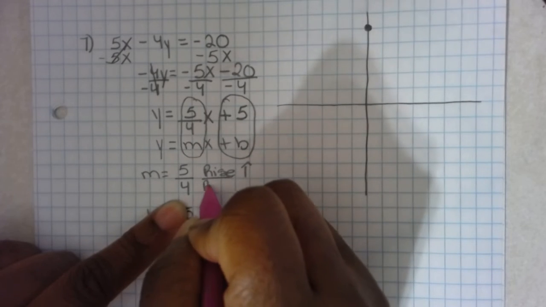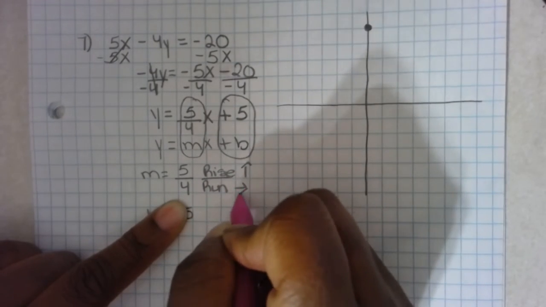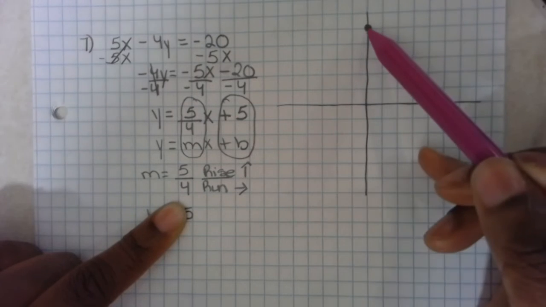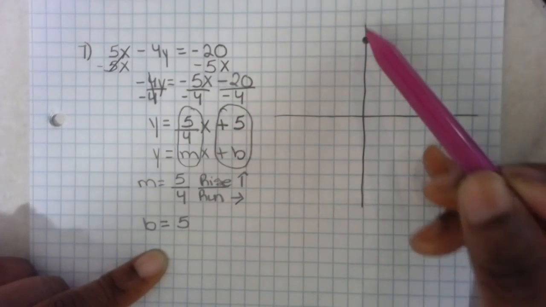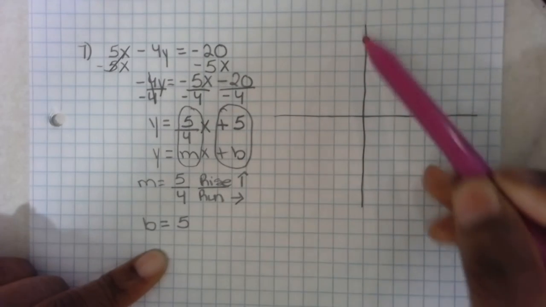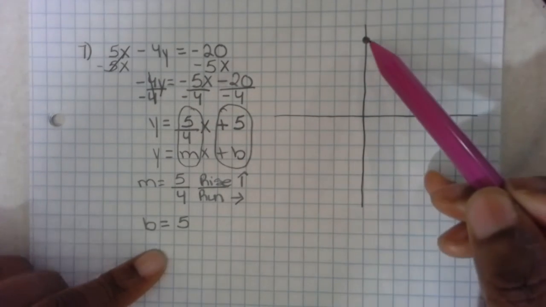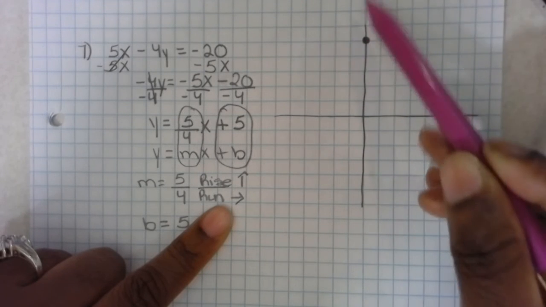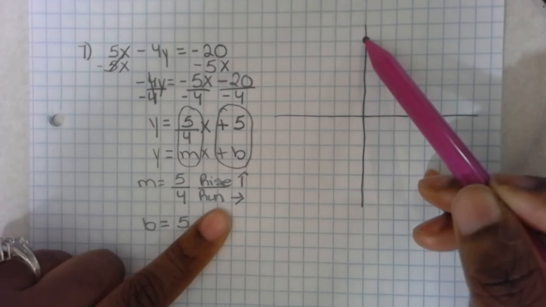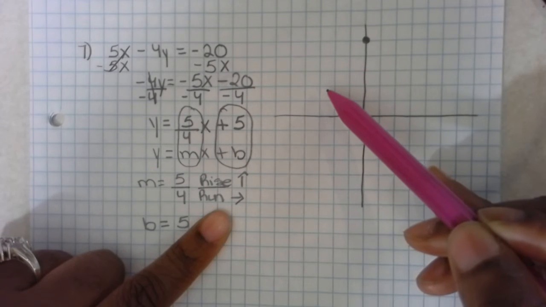Now, this tells me with a positive 5, I'm going to rise, which means go up. And with a positive 4, I'm going to run to the right. But if my point is all the way up here at the top of my graph, there's nowhere to go up from here. So I need to go in the opposite direction. Instead of going up and to the right, I need to go down and to the left.